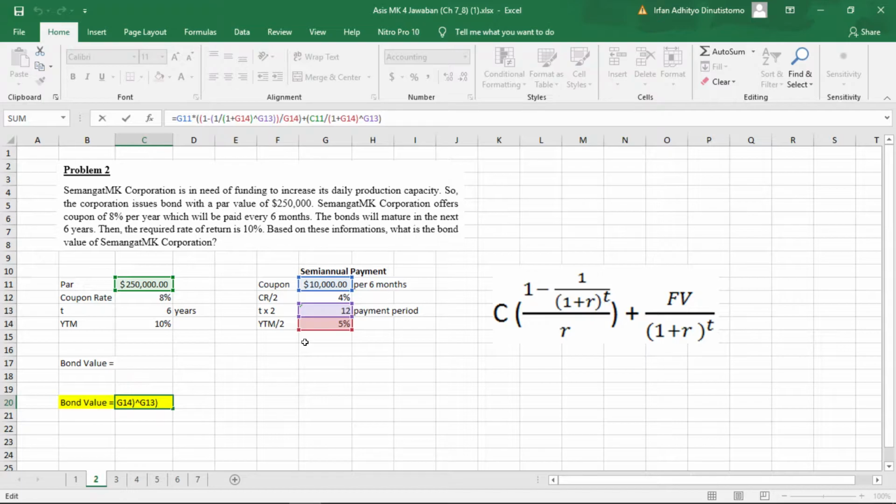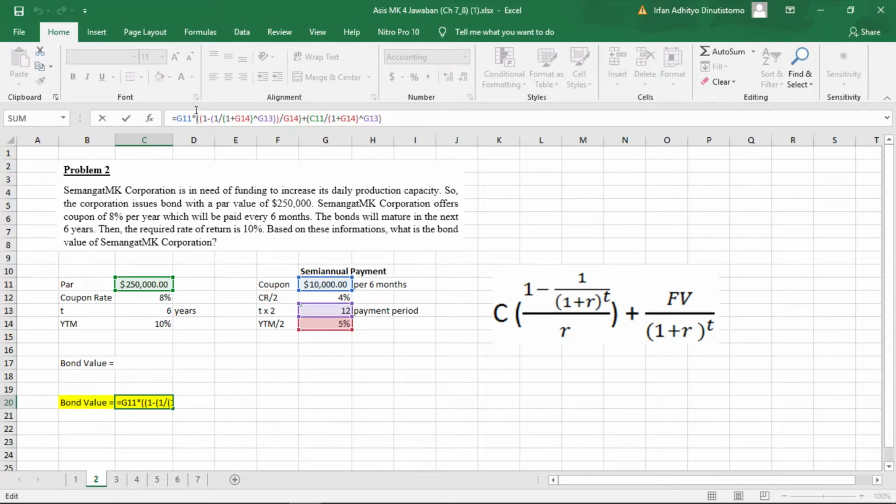So please don't mix up the coupon rate and the yield to maturity, or the required rate of return. That's how you calculate the semi-annual coupon payments. This part calculates the present value of the face value.